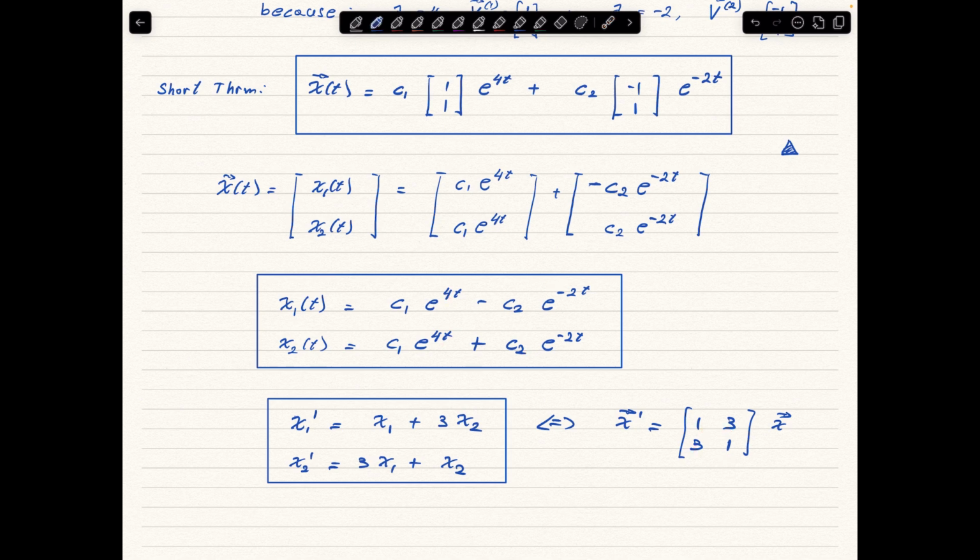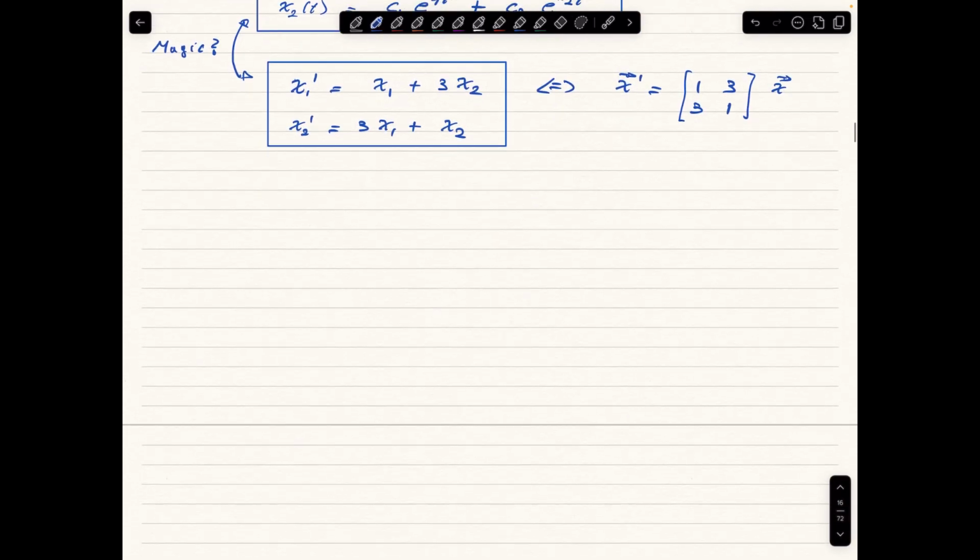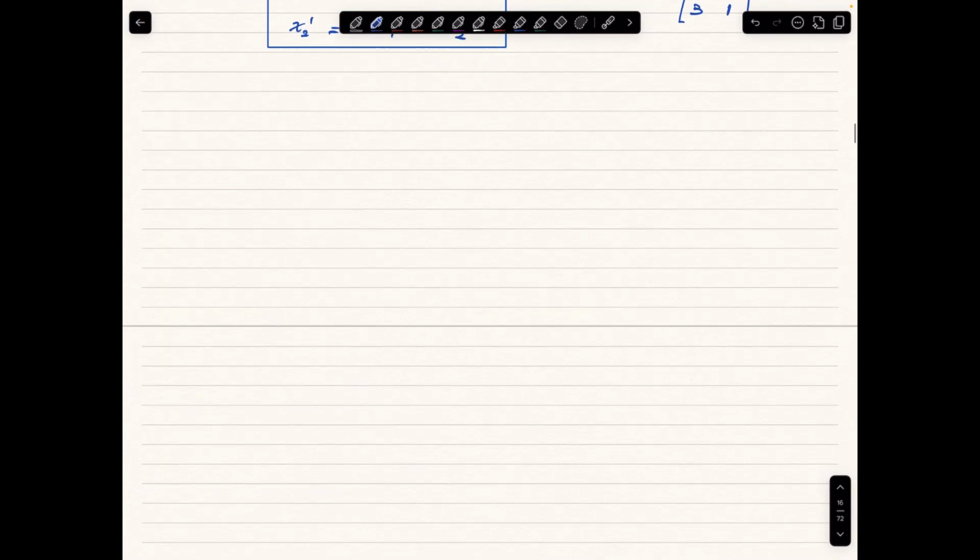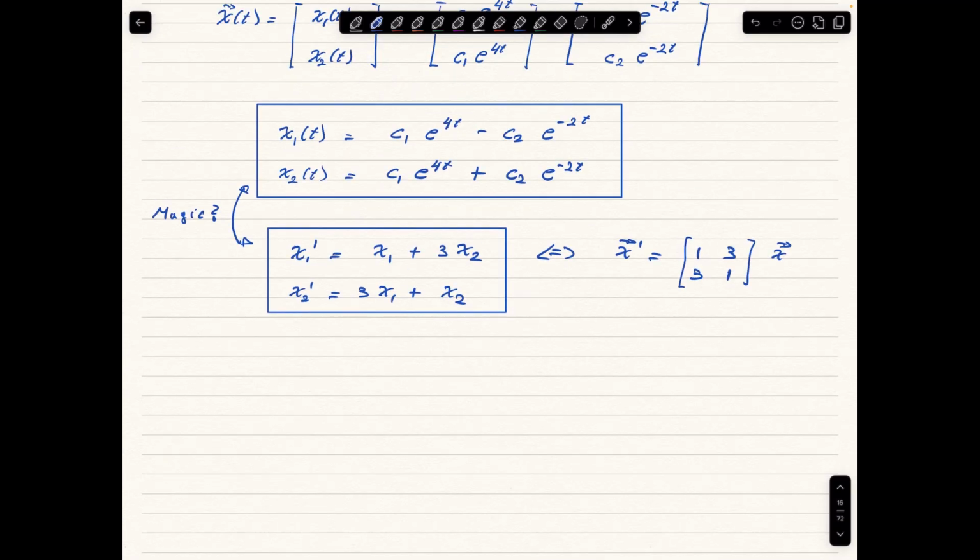Going from the equation to the solution, it looks a little bit like magic. So to understand that this is not anything magical, that's why we have the long theorem and the long proof, because this is how we understand how we can find these solutions for these equations.